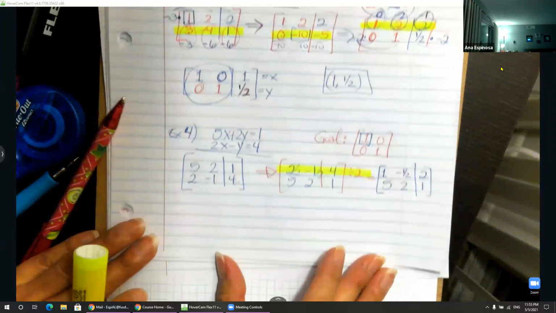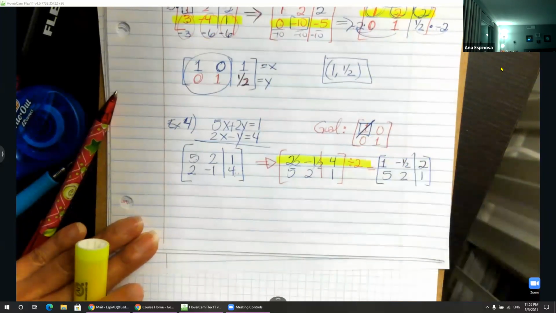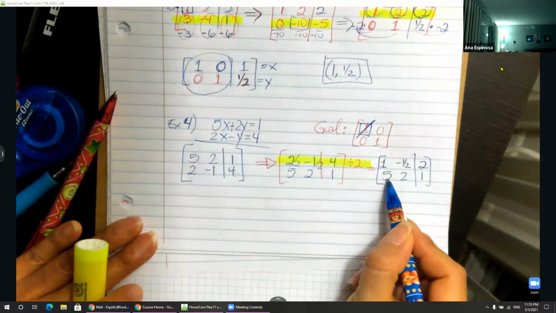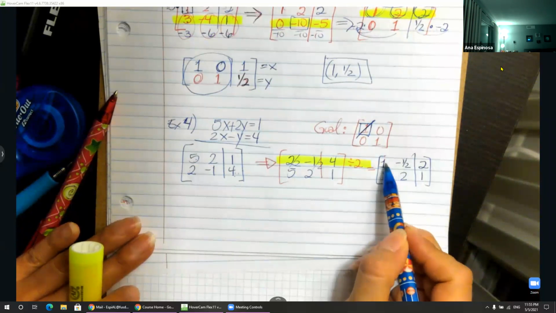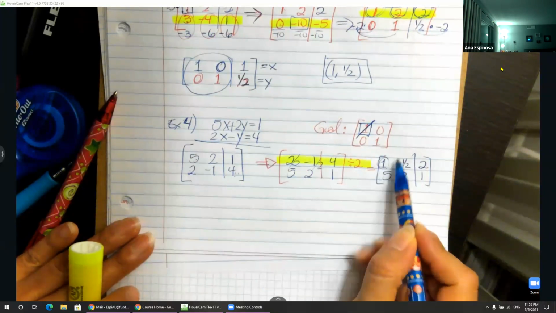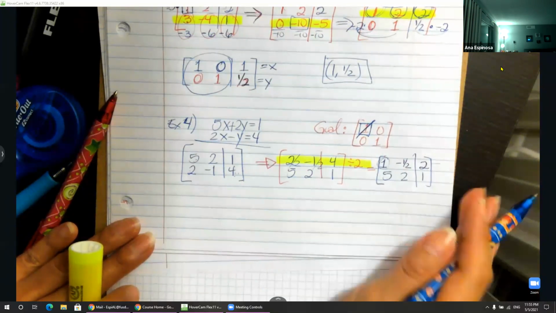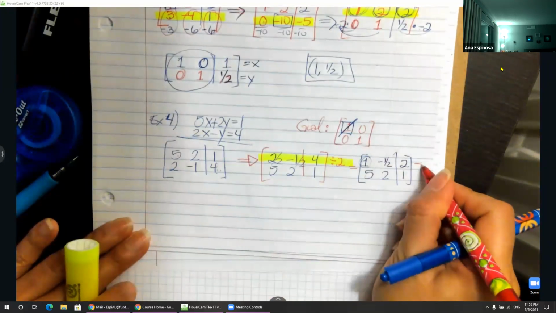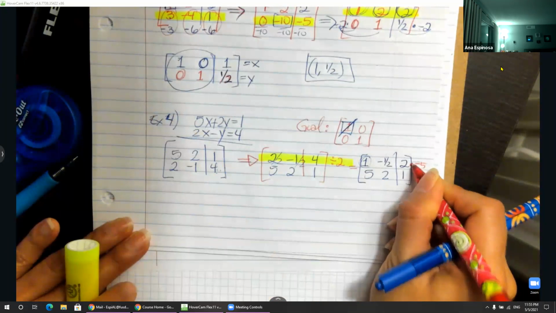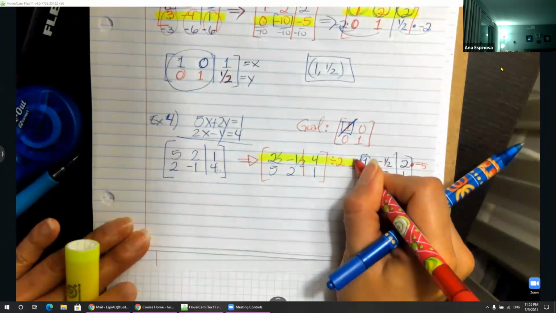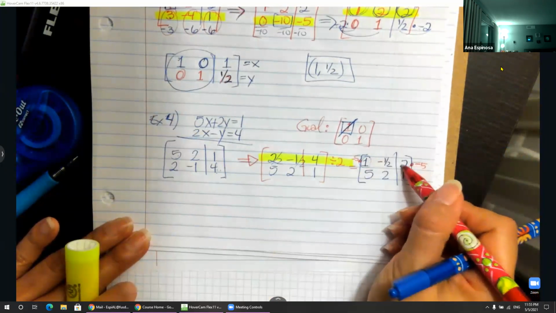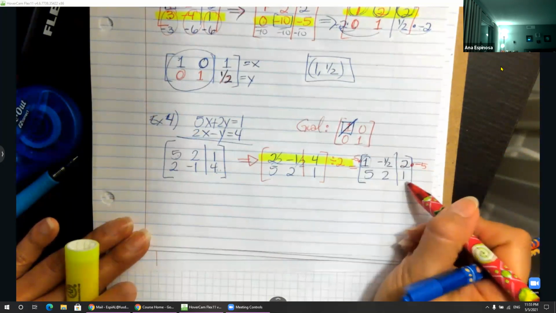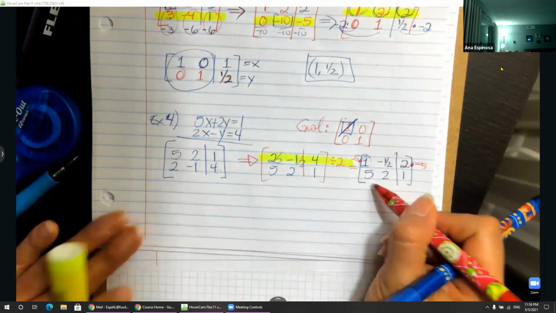So now we've got this down. Now we want to get this to be a 0. So what do I need? I need this to be its opposite. So I need to multiply this row by a negative 5. And I'm going to write my results on top or at the bottom, whatever. I usually write them right next to it if I can.